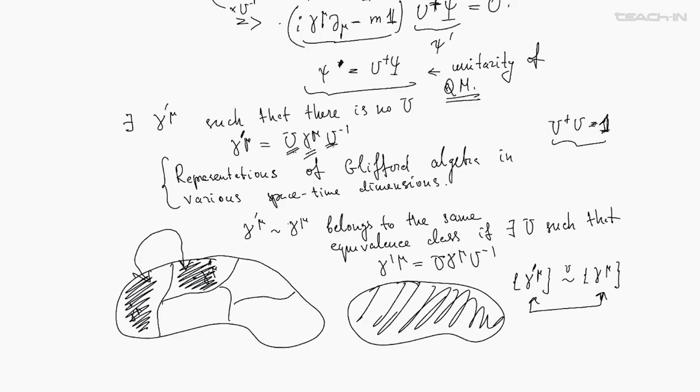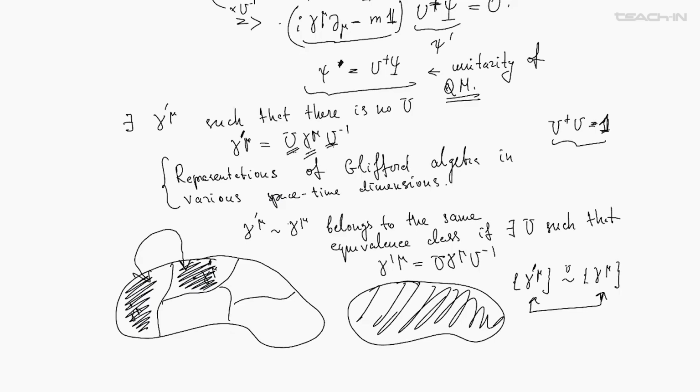There is always a unitary transformation which will transform one set of such matrices into the other set. You see, there could be a situation where there is no such transformation. You find one set realizing these relations and another set realizing these relations, and then you see that there is no unitary transformation which relates one set to the other. And I'm saying that this is not the situation. The situation is that you always will find a unitary transformation which will transform one set into the other. That is exactly what I mean.